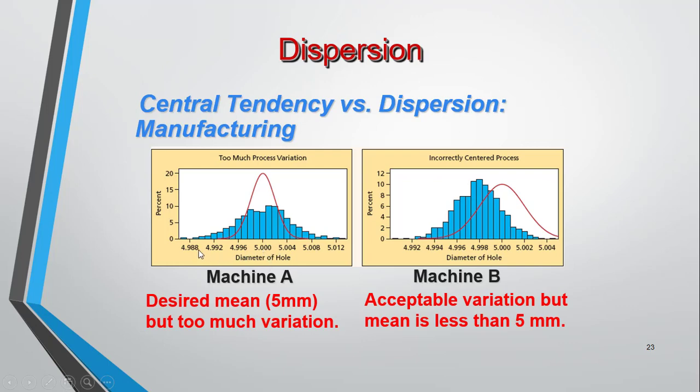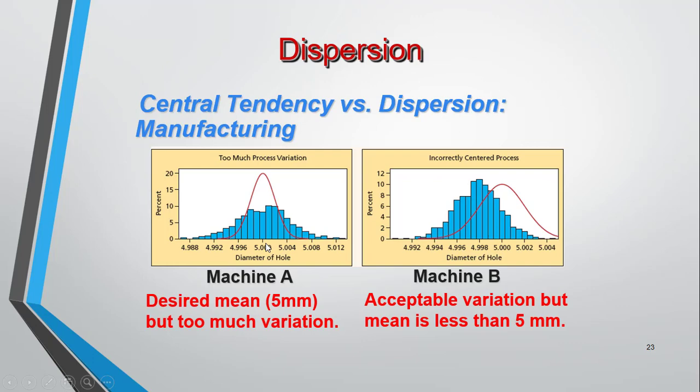It could be as low as 4.98, or could be 5.012. The holes could be larger than 5 and smaller than 5. These are the variations, right? And this is the distribution. Okay? The blue bars are the distribution. The desired mean is 5 millimeters.